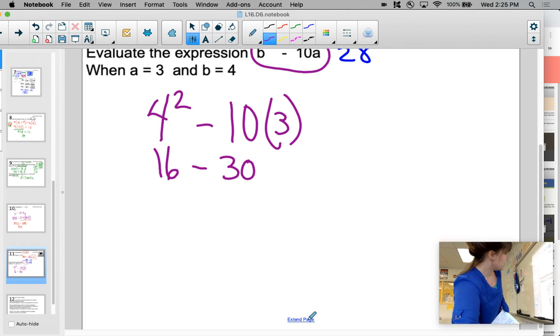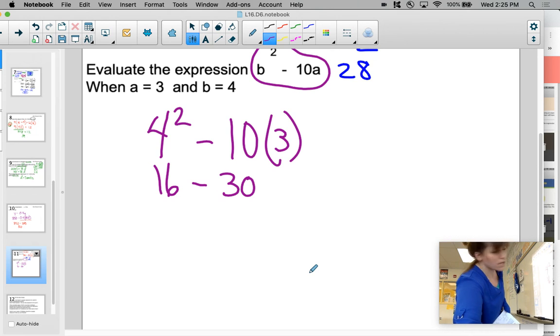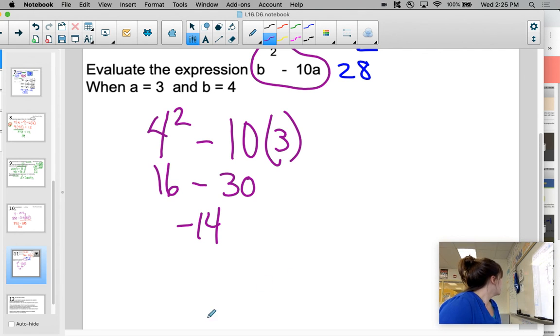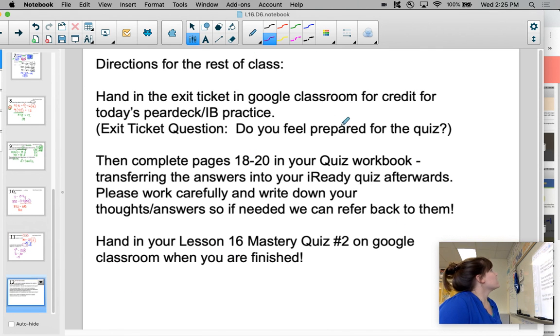You can't give 30 strawberries away to someone if you only have 16. So I wanted you to see that as a possibility. And when you are popping this into your calculator, you do get a negative 14. Am I expecting you to be able to solve this? No, I just want you to use your calculator at that point and recognize that, hey, it's going to be a negative number.